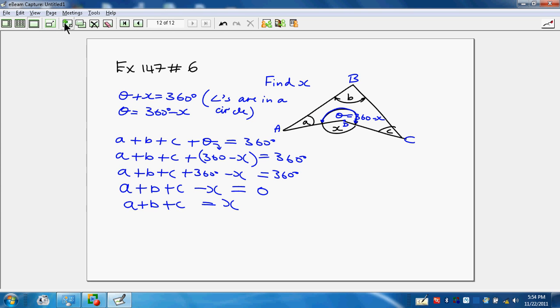How come? Well, we add x on the left hand side, it cancels. We add x on the right hand side, so you have x. So A plus B plus C is equal to x, or x is equal to A plus B plus C. And in this question, that will be equal to our answer, A plus B plus C. That is option A.